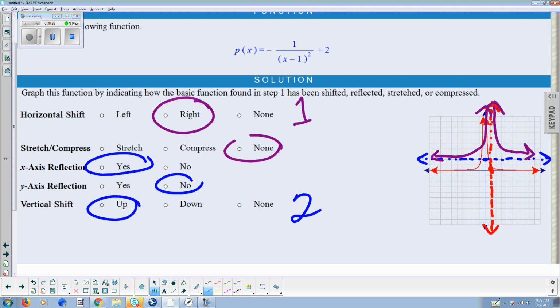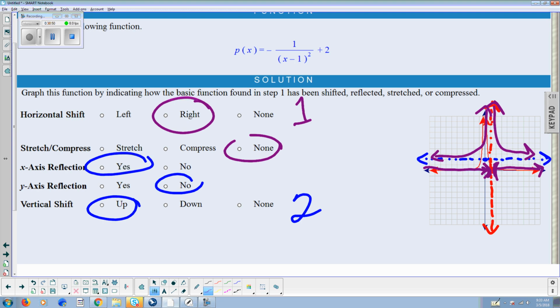So if I were to smash that purple graph flat to the x-axis, it would go from negative infinity up to this right here, that vertical asymptote. It's going to jump over that point, and it's going to start back here after the vertical asymptote and then go to positive infinity.